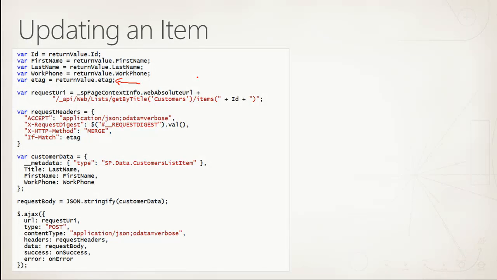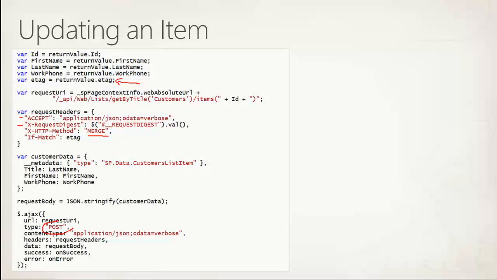So there's accept, there's the digest, and now here's the case right here where SharePoint and IIS aren't really hip with the merge HTTP verb. Sometimes firewalls aren't either. So what we should do is when we put it inside there, we're just going to use a standard post.